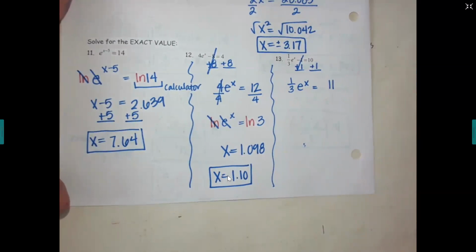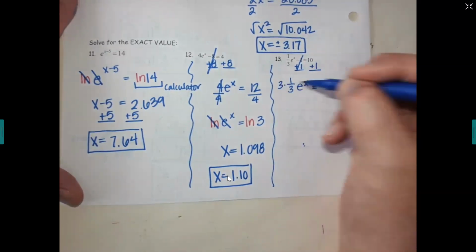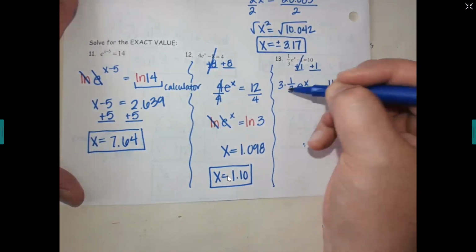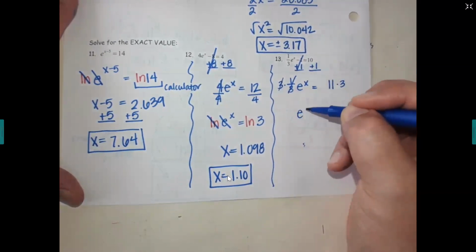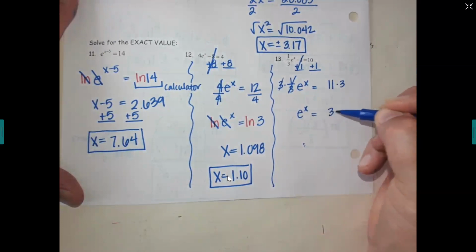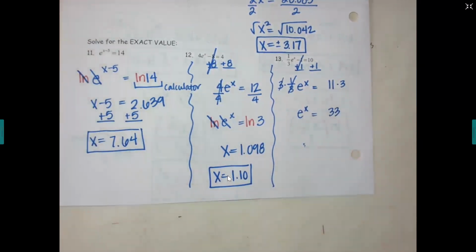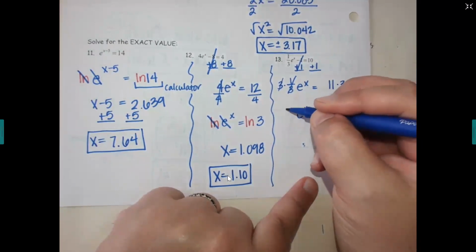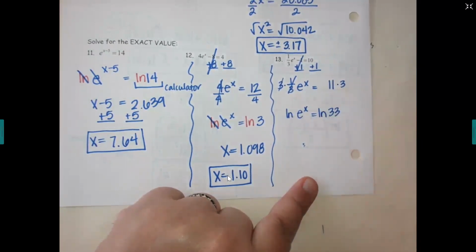How do we undo divide by 3? Multiply by 3. So if I had an 11 and I times it by 3, now it's 33. And then last step, how do I get rid of that E? ln and ln, very good.